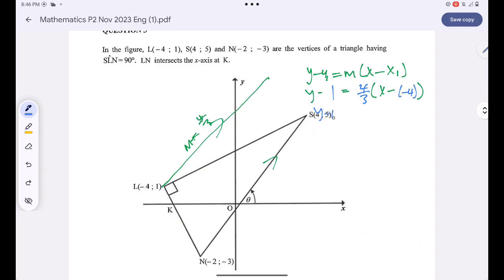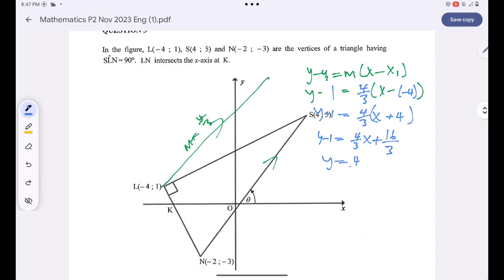So we'll be left with y minus 1 is equal to 4 over 3 x plus 4 then, and then I have y minus 1, this thing is 4 over 3 x plus 16 over 3.